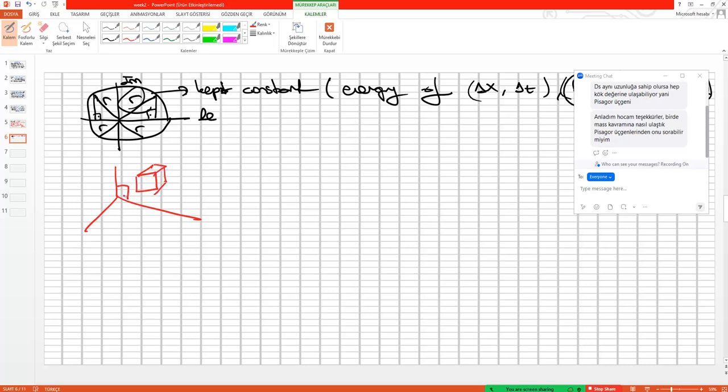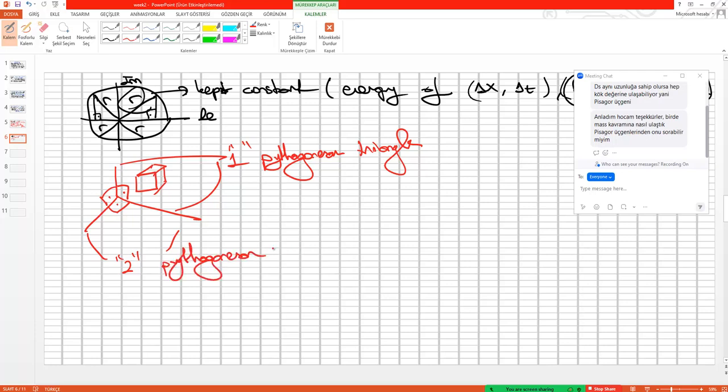Because it contains 3D dimension. And so this dimension, one Pythagorean triangle, this is the second. And so these 2 create the volume, and this volume is utilized by Newton as a mass.